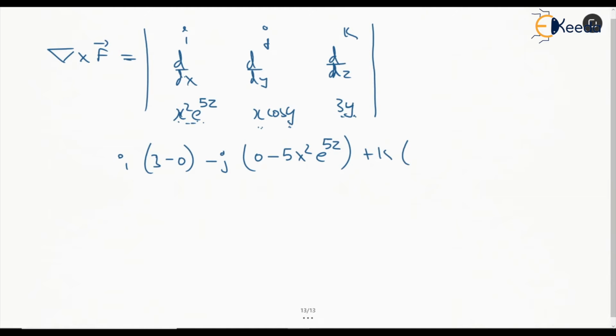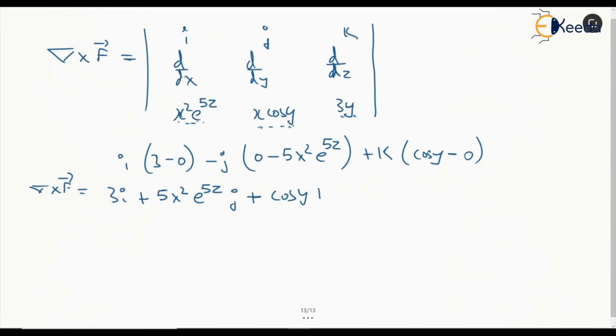Plus k times the derivative of x cos y with respect to x, which is cos y, minus the derivative of x square e to the power 5z with respect to y, which will be 0. So this curl is nothing but 3i plus 5x square e to the power 5z j component and plus cos y k component.